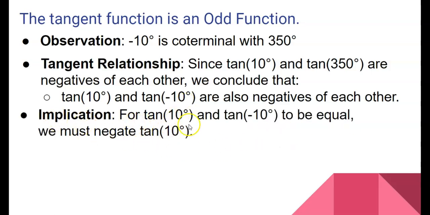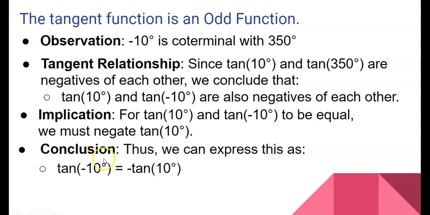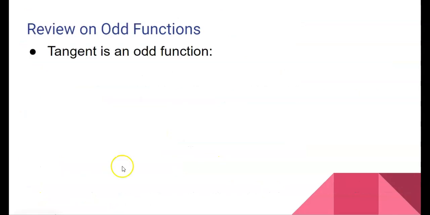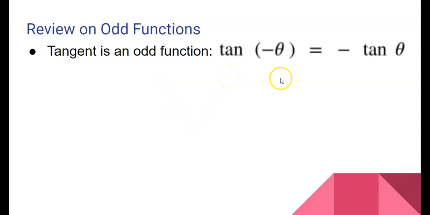For tangent 10 degrees and tangent negative 10 degrees to be equal, we must negate tangent 10 degrees. So we can express this as tangent negative 10 degrees is equal to negative tangent 10 degrees. This illustrates that the tangent function is an odd function. We denote the odd function property of the tangent function with this notation: tangent negative theta is equal to negative tangent theta.